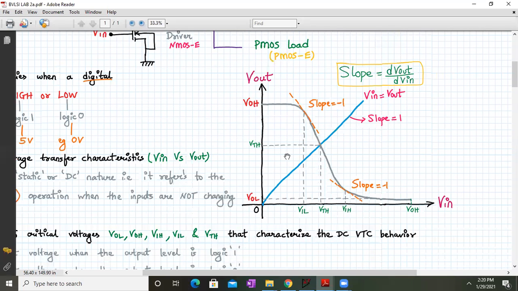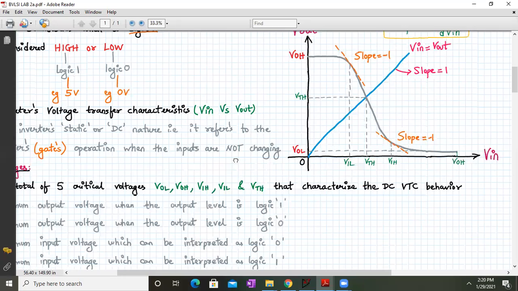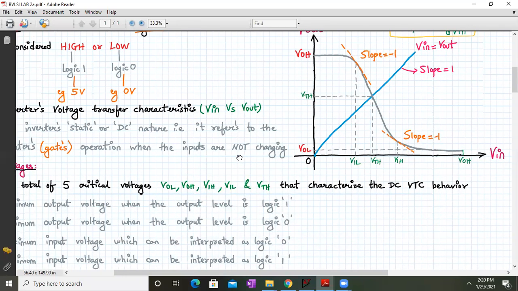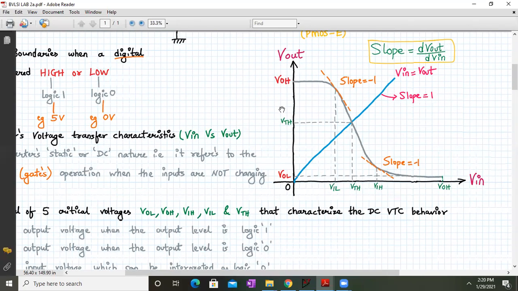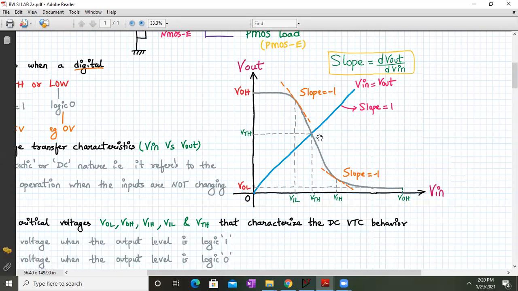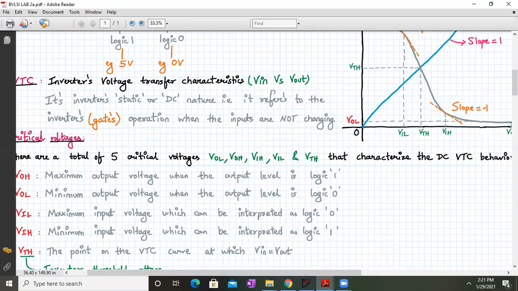Now there are 5 critical parameters or voltages which characterize this DC transfer characteristic. These parameters are VOH, VOL, VIL, VIH, and VTH. If you know these 5 parameters, they will characterize the total behavior, and we'll come to know more about the inverter.